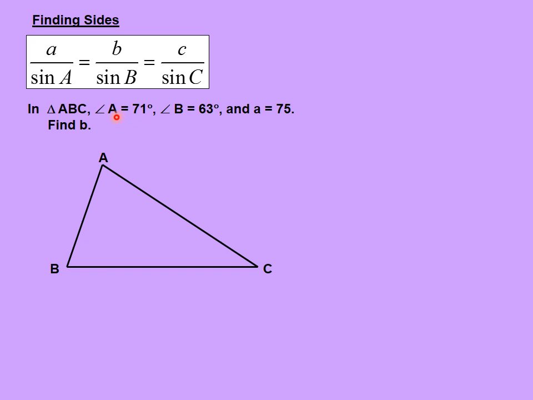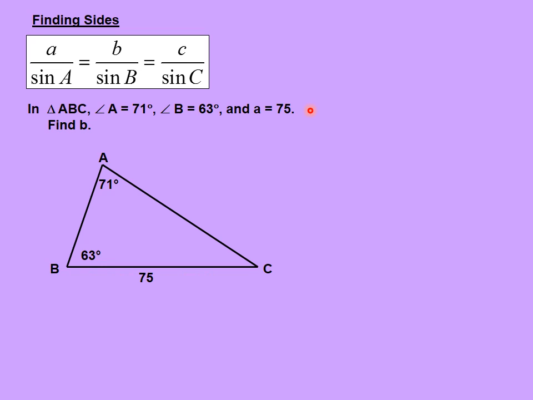So angle A is 71, so that's going to come up here. And it says angle B is 63, so that's going to come up here. And it says side A is 75. Side A is opposite to our angle A, so 75 is going to go over here on this side.